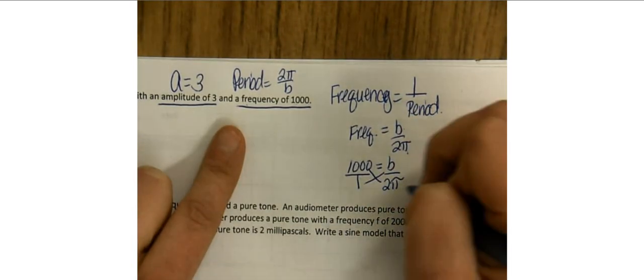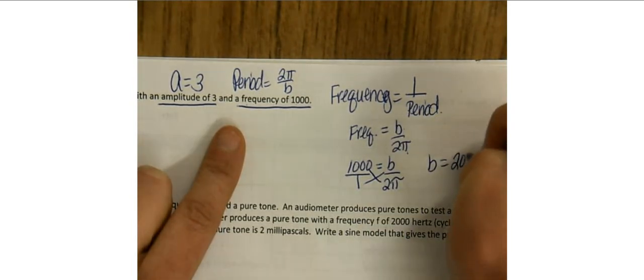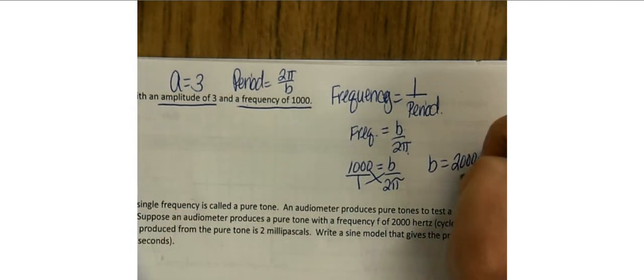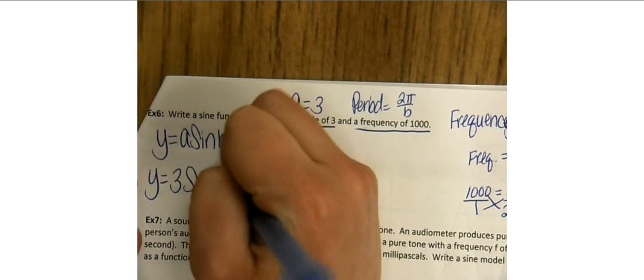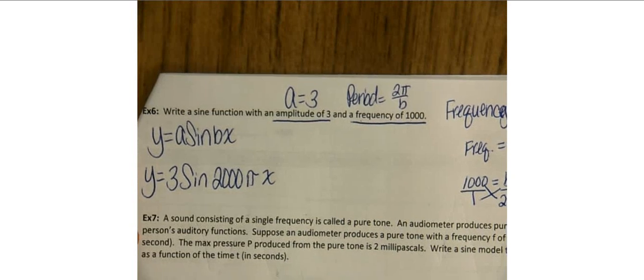And when I do that, I end up with b is equal to 2 times 1,000, which is 2,000 pi. And that's just going to be an exact value. So b is equal to 2,000 pi. So my equation is going to be y is equal to 3 times the sine of 2,000 pi times x. And that is my answer.